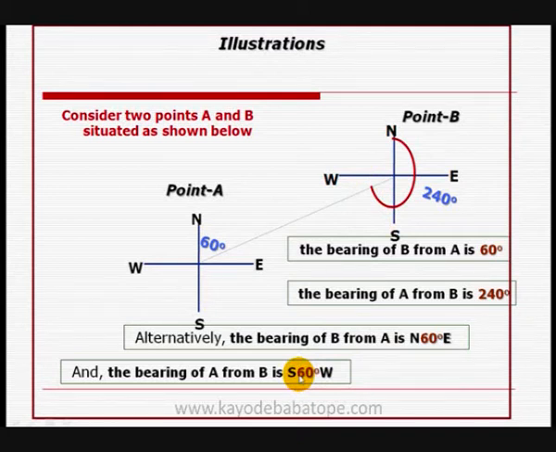That is, if we don't want to use three-figure bearing and instead just use a compass bearing, we can say the bearing of A from B is starting from the south of B, move 60 degree to the west. That is south 60 degree west. I hope that is quite clear.